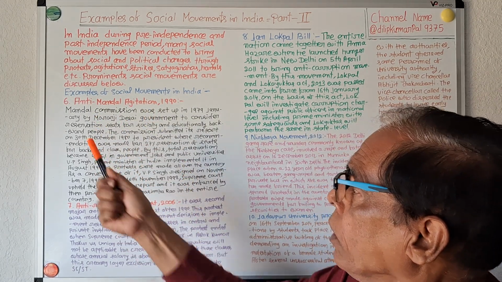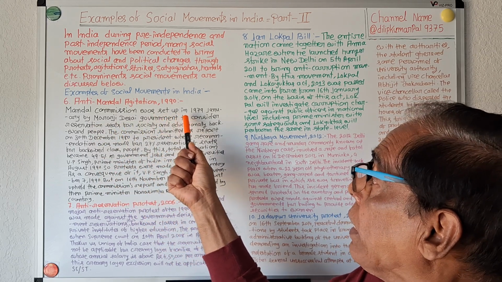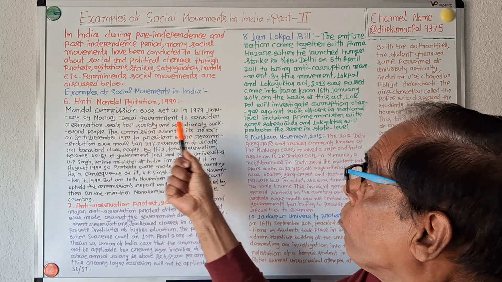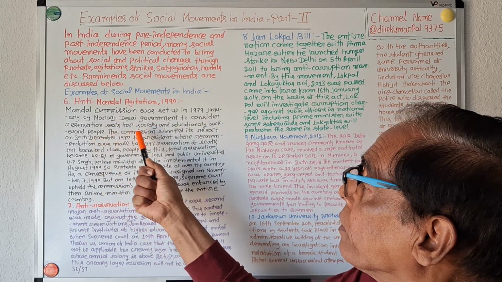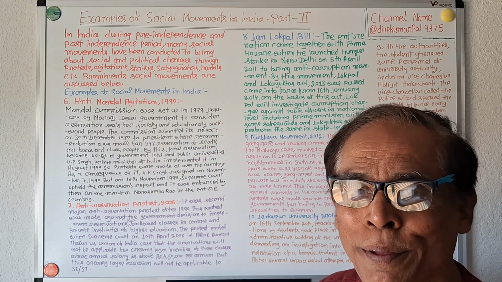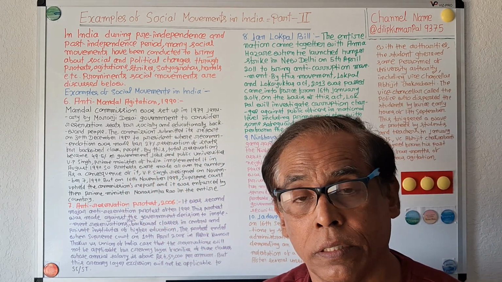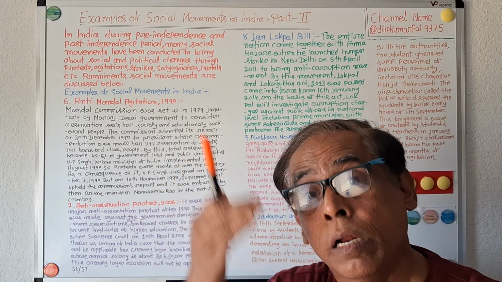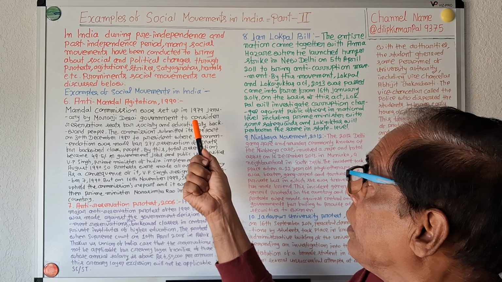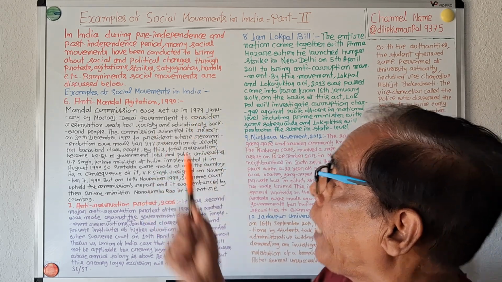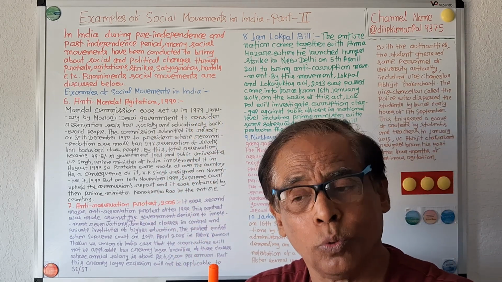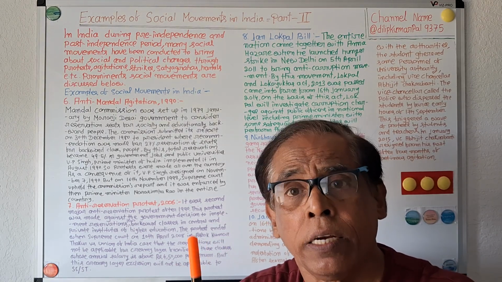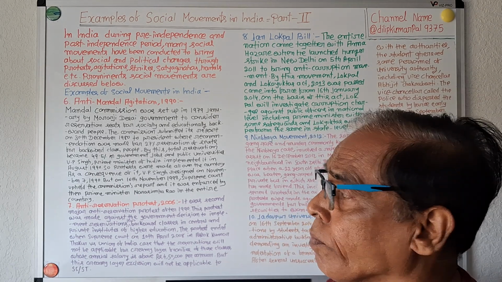The Mandal Commission was set up in January 1979 by the Morarji Desai government to consider reservation of seats for socially and educationally backward people, and to study how many reservations would have to be made for socially and educationally backward classes.